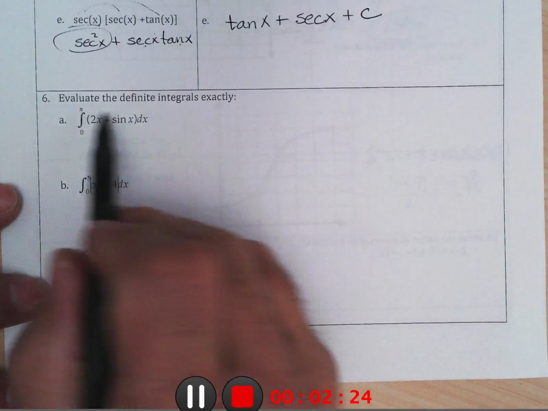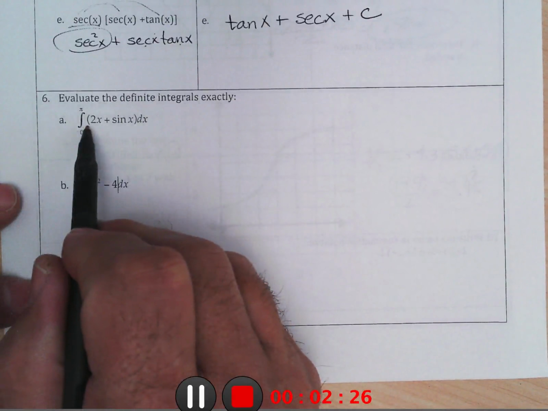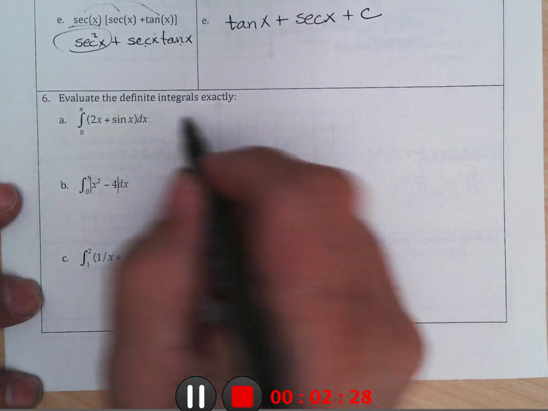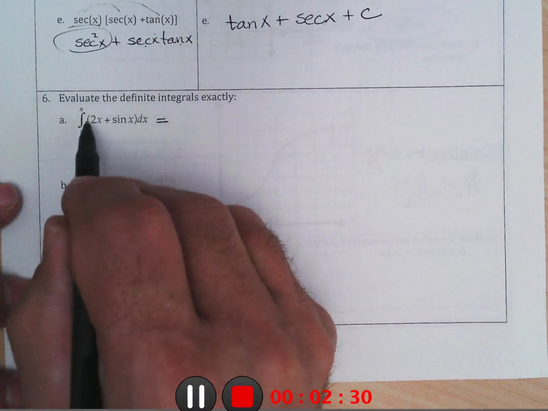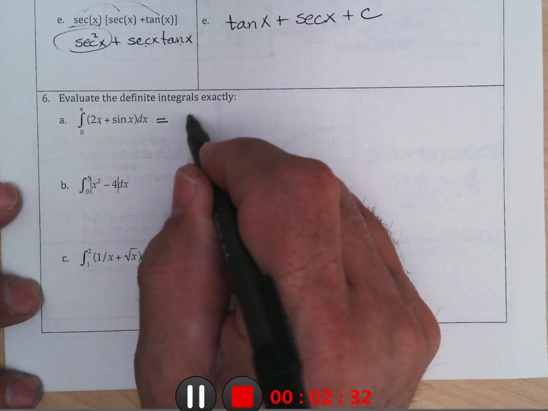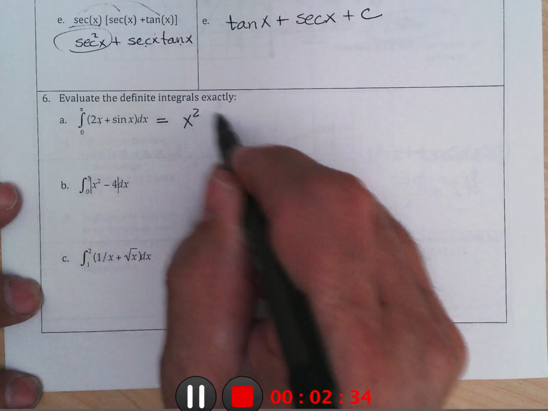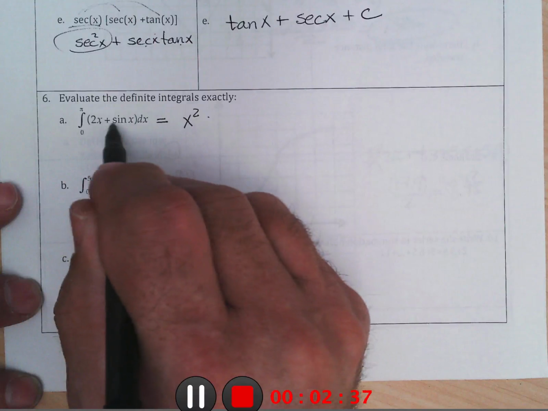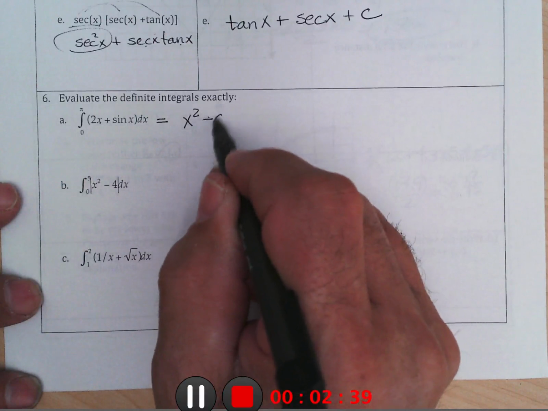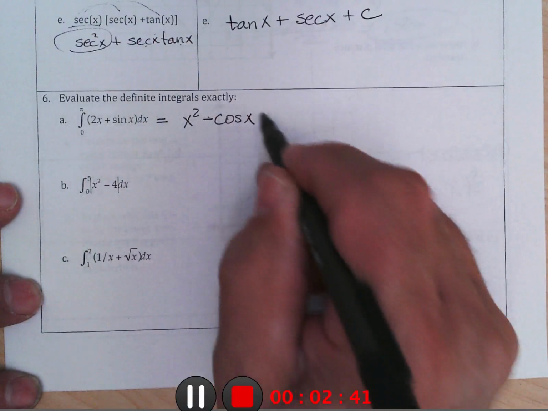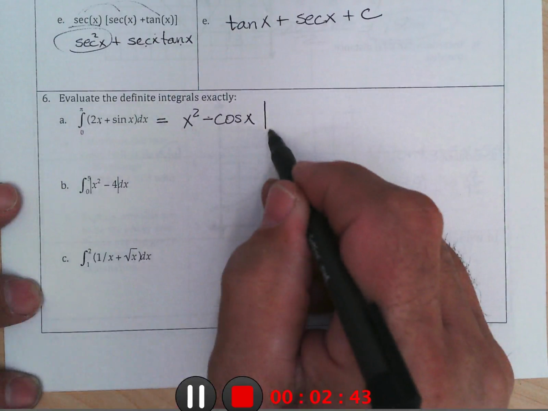Okay, now we're supposed to get the exact answer for these. So we need to do the antiderivative of 2x, which is x squared. And the antiderivative of sine x is minus cosine x. Evaluated from 0 to pi.